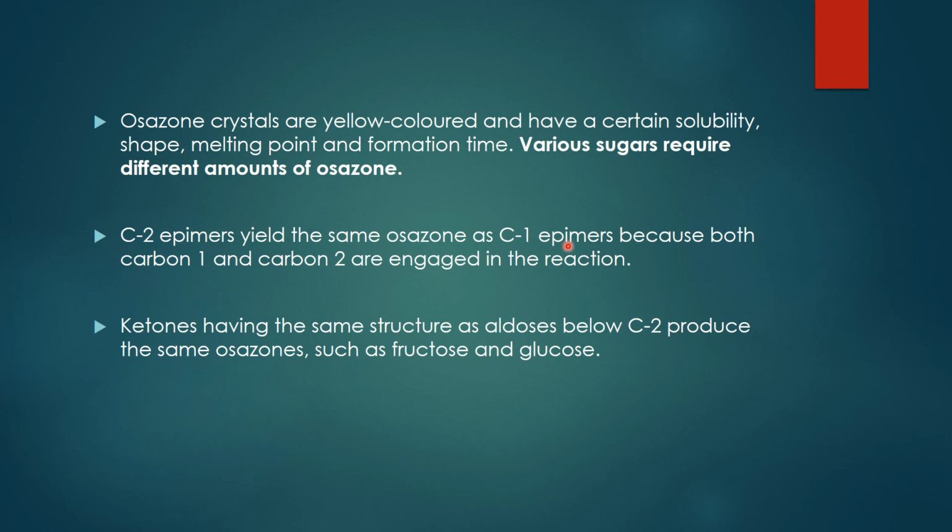That means whether the carbonyl group is at carbon 1 or at carbon 2, the yield will be the same oxazone, because the reaction involves the two carbons, carbon number 1 and carbon number 2.